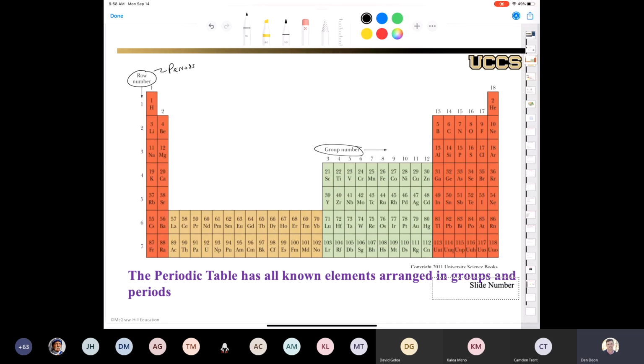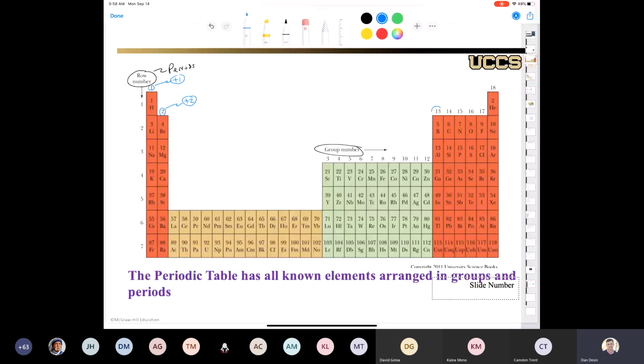Now, some other concepts that you need to be aware of are that normally, and there are exceptions to some of the things that I'll say, elements that are in group 1 like to have a +1 charge. Elements that are in group 2 like to have a +2 charge. And these are things that we've already covered.